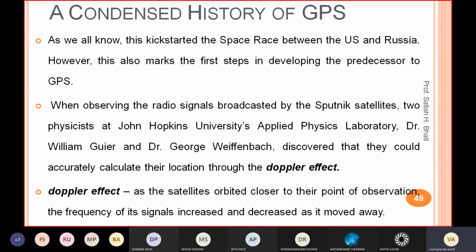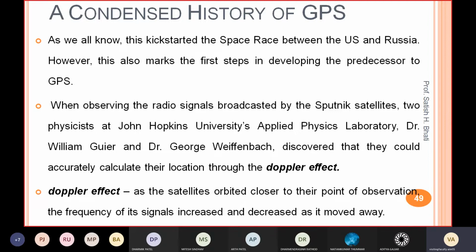In the Sputnik satellite case, two physicists, Dr. William Guier and Dr. George Weiffenbach, scientists at Johns Hopkins University, observed that this satellite was broadcasting radio signals, right?